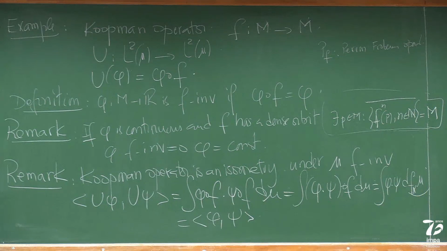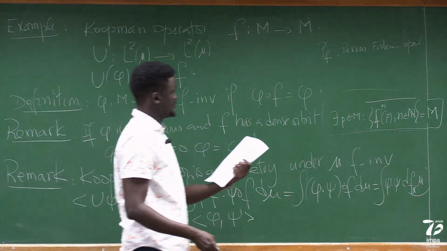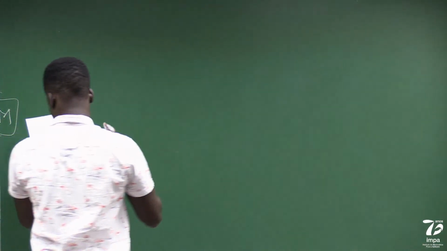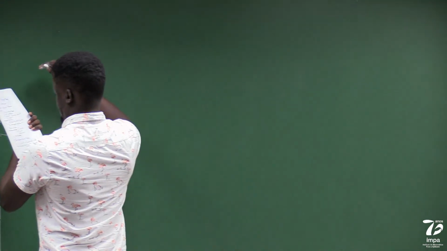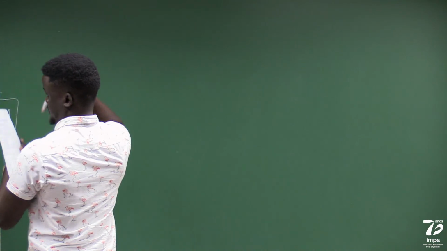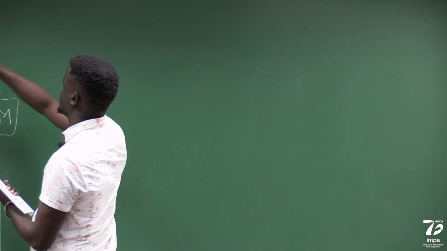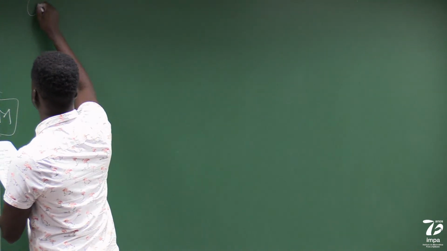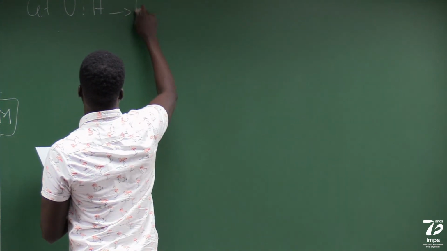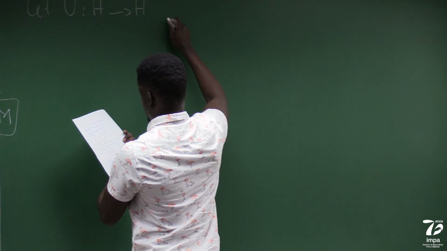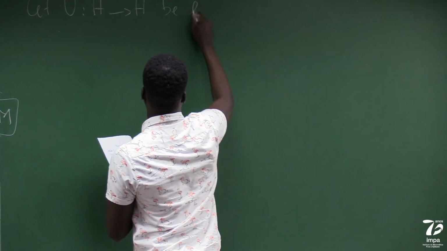Before I state the theorem, the von Neumann ergodic theorem, there's just one last definition. The von Neumann theorem is for a general operator, not only the Koopman operator. So we start: let U from H to H be linear and continuous.